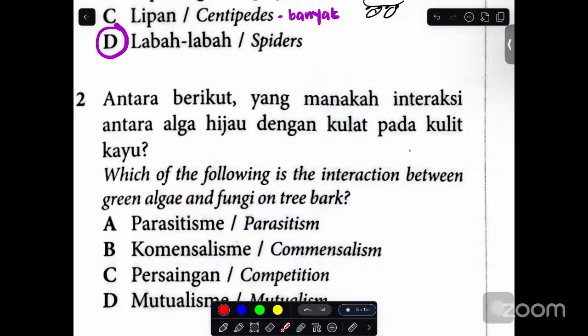Apakah jenis interaksi? Ada parasitism, commensalism, persaingan and mutualism. Setiap kali kita buat kertas model, mesti ada soalan ni. So what is the interaction?